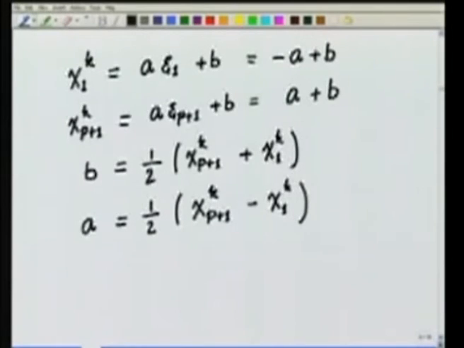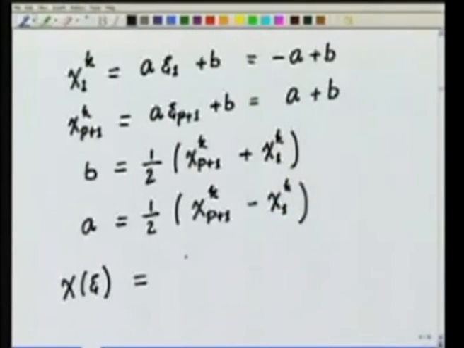Okay. So in this case, we can define now x. I'll put the a and b in the expressions, and I'll collect terms, and I'm writing the final expression.